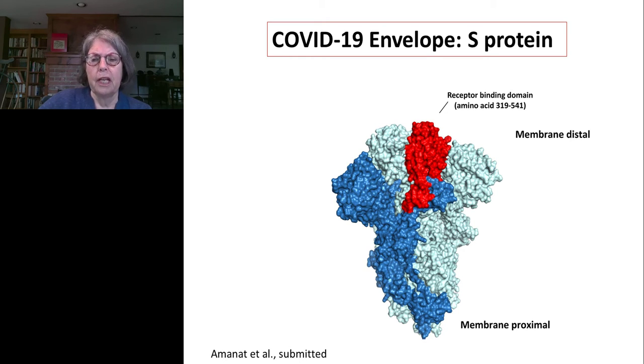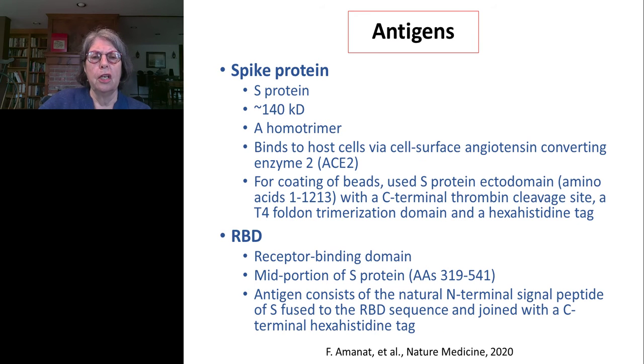And then the upper part of the structure, where the receptor binding domain resides, is the distal portion of the S protein.